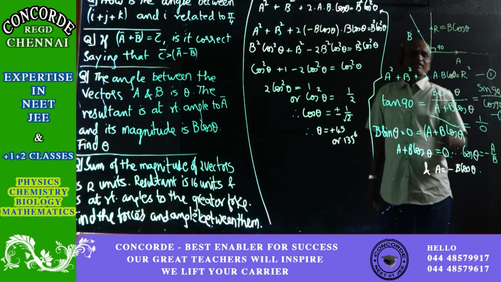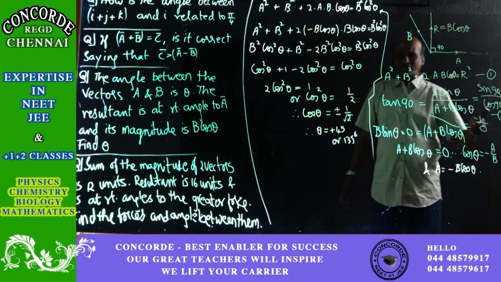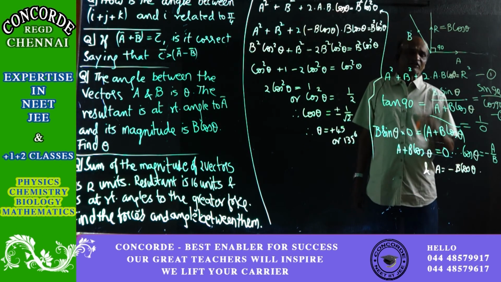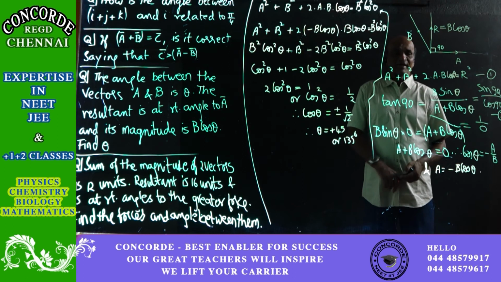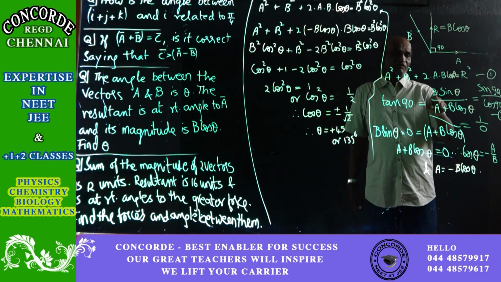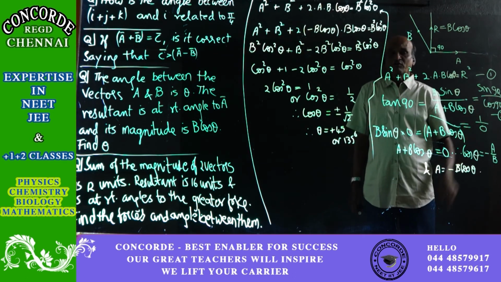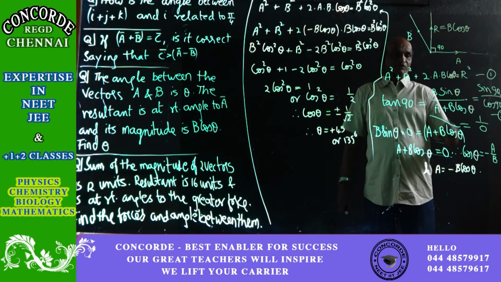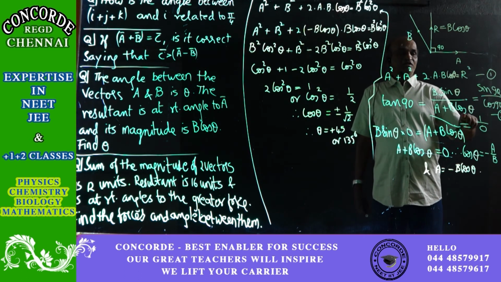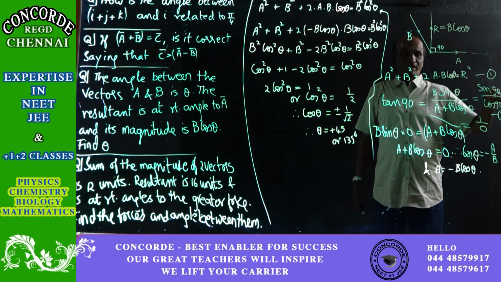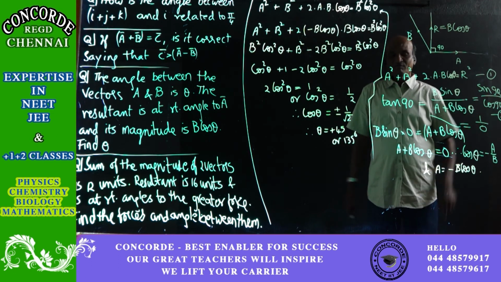So when you simplify the second equation, that is the equation for the direction, then after cross multiplying, what we will be getting is that b sin theta multiplied by 0 will be equal to a plus b cos theta multiplied by sin 90, which is equal to 1.